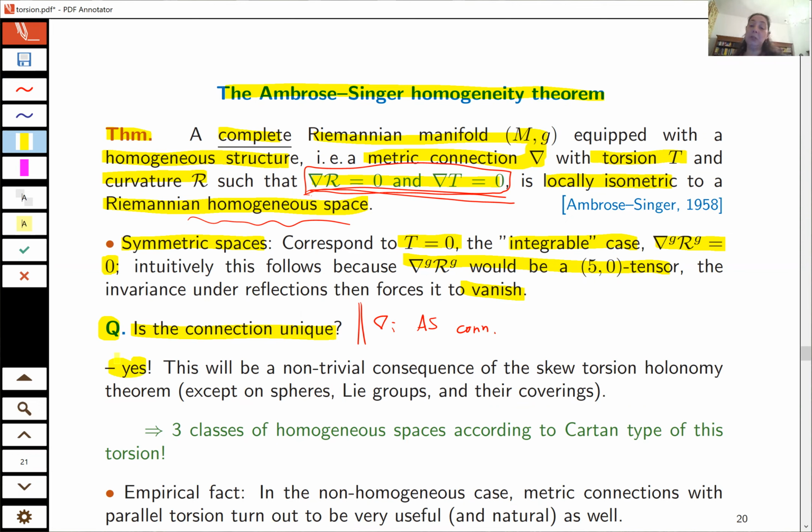This will be a non-trivial consequence of what we do next week. And this is true except on spheres, Lie groups, and everything which is covered by them, which should not surprise us, because on Lie groups, we had seen this family of connections nabla S. So in that sense, it was not unique.